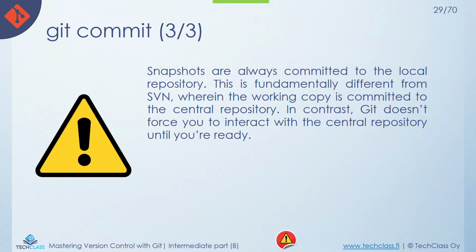You are not changing anything on the server repository or the main repository that everybody is using. That's the beauty of it. These changes are done to your local repository, and later we will see how we can push those changes to the remote repository.